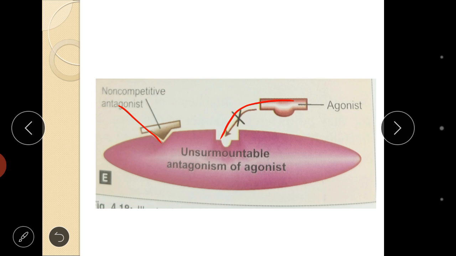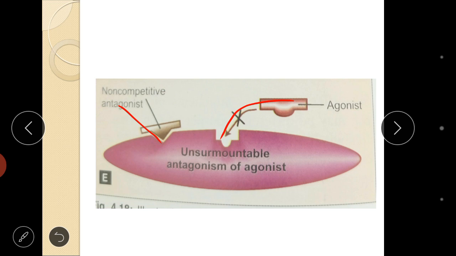The non-competitive antagonist inhibits the action of the agonist. But even if you increase the concentration of agonist, you are not going to get the response, because the agonist and antagonist are not binding the same site. The non-competitive antagonist binds on another site, the allosteric site.